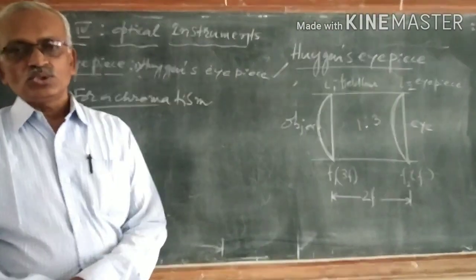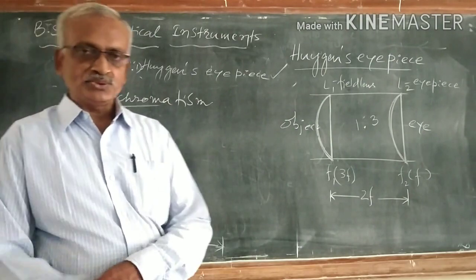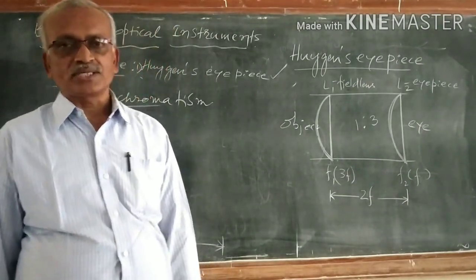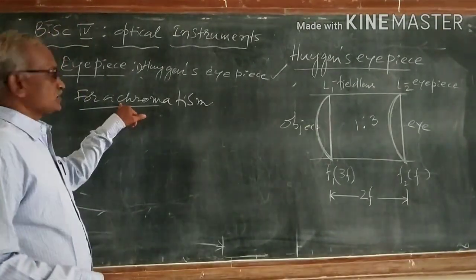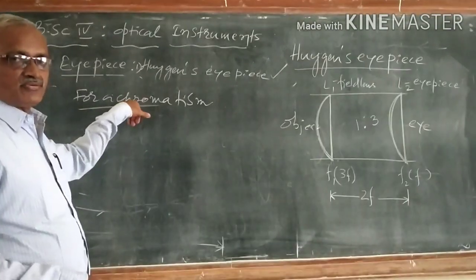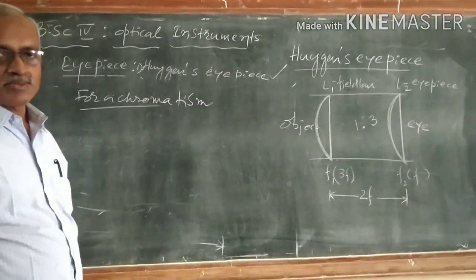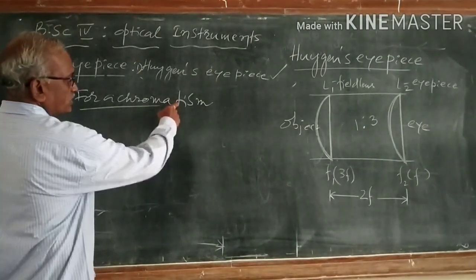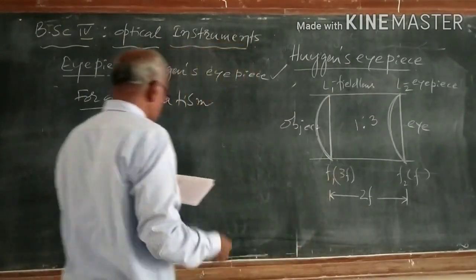In order to overcome aberrations, to remove aberrations. As you know, there are two types of aberrations, chromatic aberration and spherical aberration. In order to overcome these two aberrations, we have to use achromatism. This is the phenomenon of combining two lenses, by which we can overcome aberrations, be they spherical or chromatic. As I told you, it is the field lens and the eye lens.